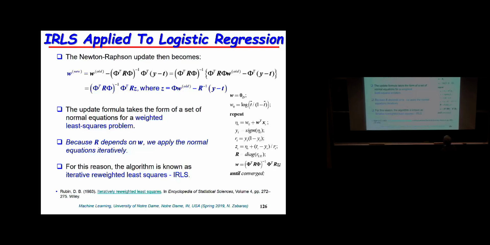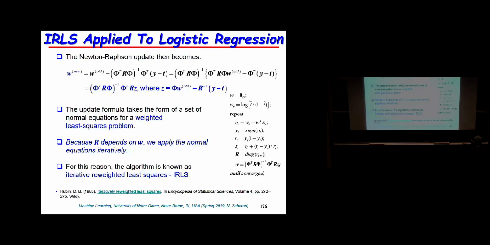But why do we need iterations? R is a function of Y, and Y is a function of A, and A is a function of W. So the weights are functions of the solution, so you have to iterate.